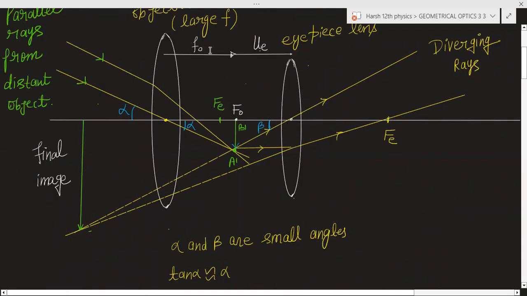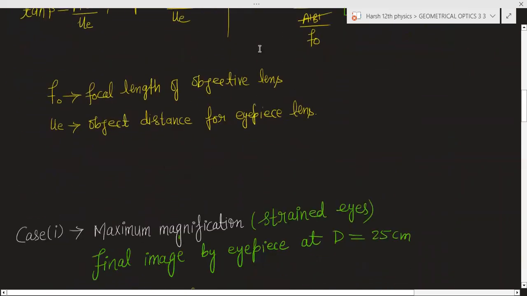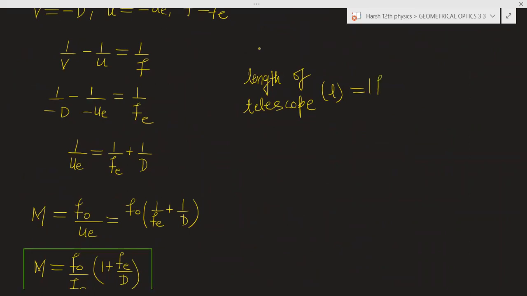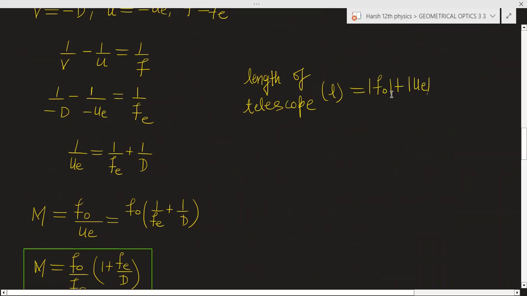What is the distance between them? fo plus ue. You can take it in terms of mod fo plus ue. Why am I taking mod? Because distance is always positive; in mod, the value will always remain positive.